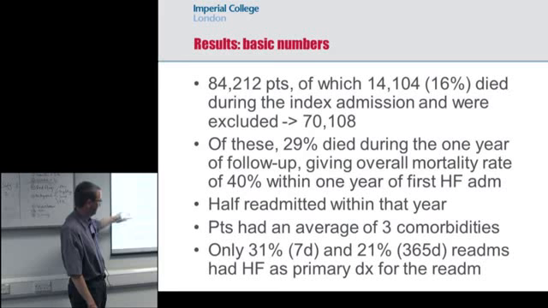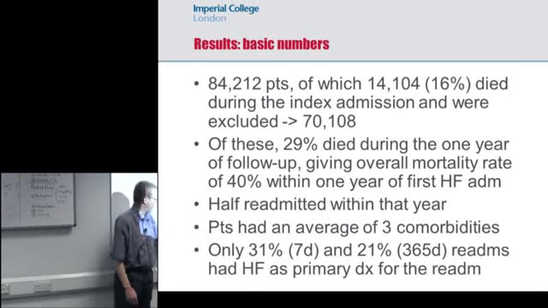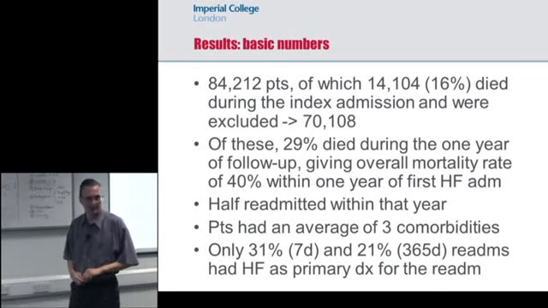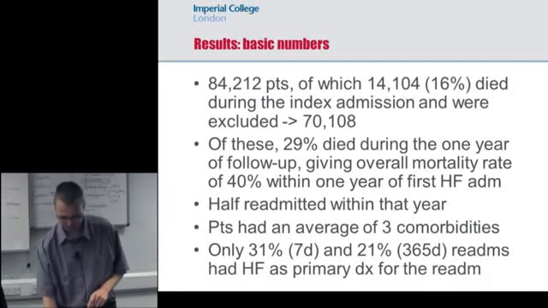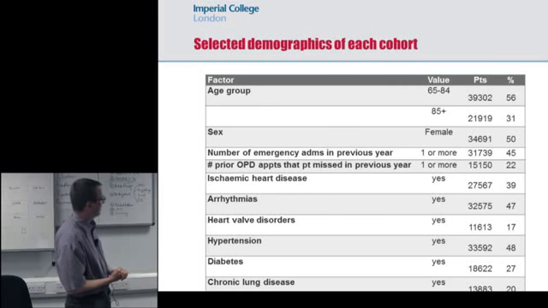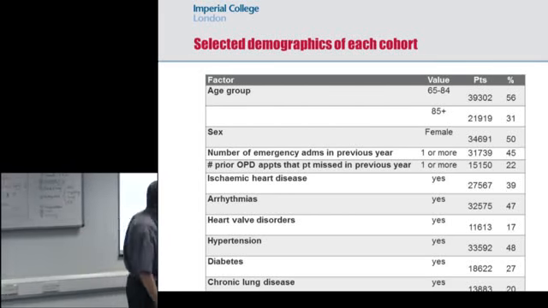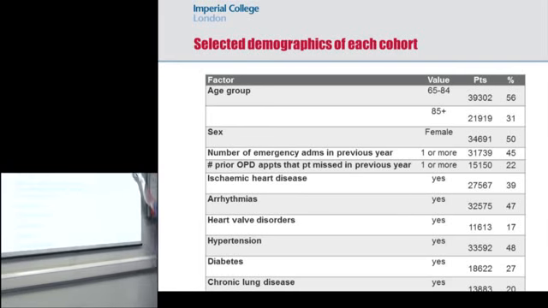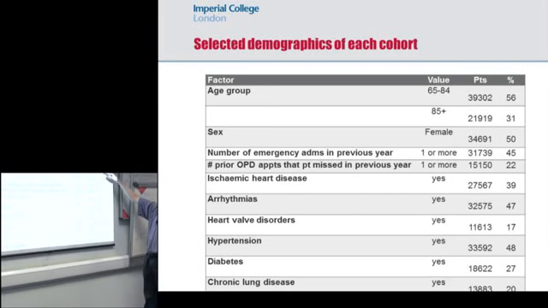Comorbidity was very common. And lots of the readmissions were not for heart failure, or at least that wasn't their principal diagnosis. Only a third of them were, and that fell over time. People got readmitted with diabetes and COPD and all sorts. This slide essentially shows the same thing. The proportion of patients who are old, and in fact very old, is very high.